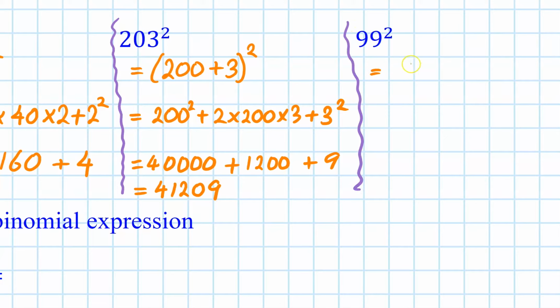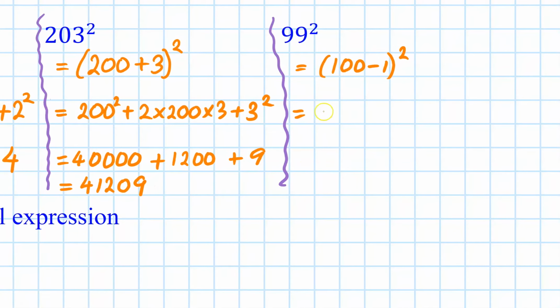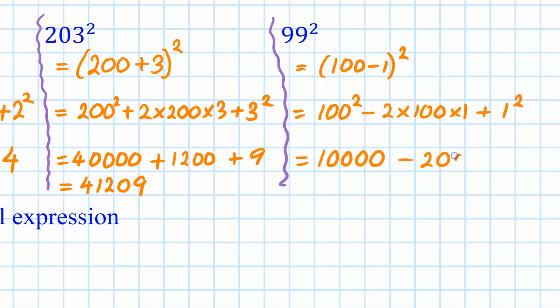The last one here in this set, 99. The 99 can be written as 100 minus 1. Well, we use the x minus y squared expansion here. 100 squared minus twice the product plus 1 squared. Here you get 10,000 minus 200 plus 1.